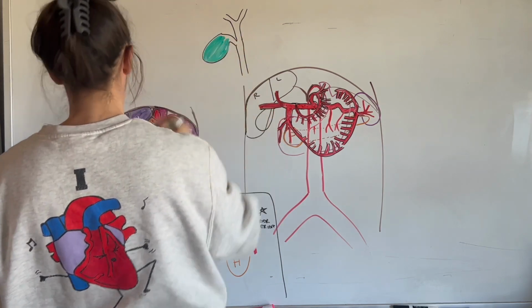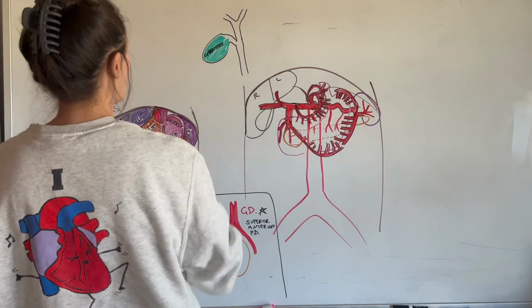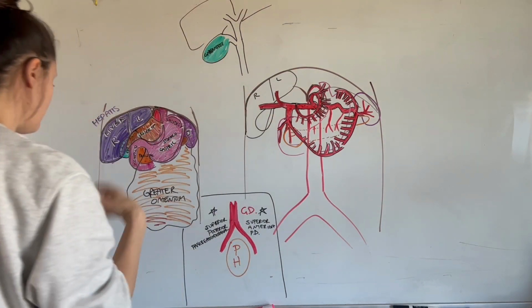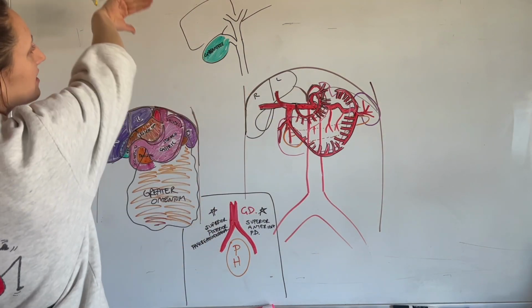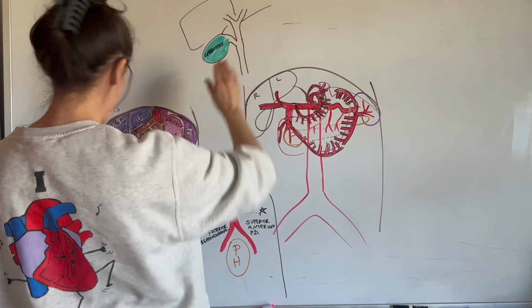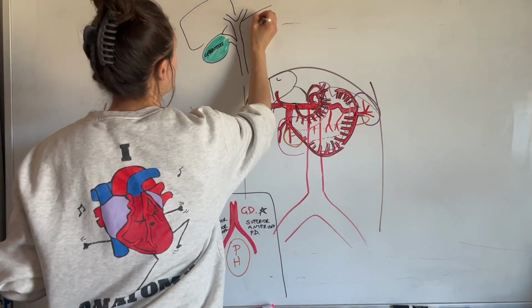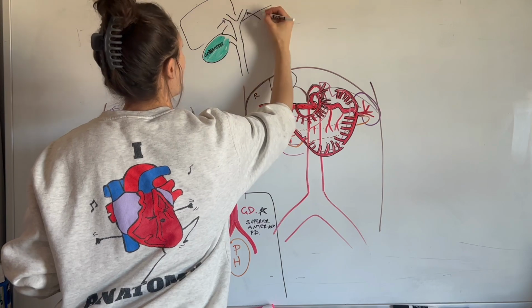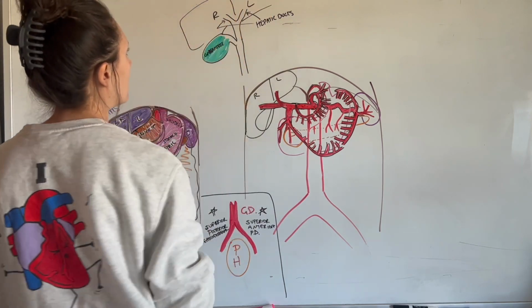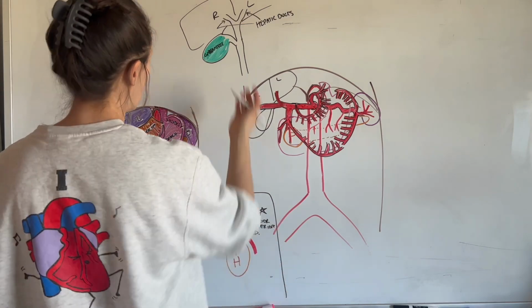So there's our gallbladder, the body of our gallbladder. Our liver's up here, and our liver creates bile and then secretes that bile into hepatic ducts. So these are hepatic ducts on both sides. Left and right hepatic ducts that are for bile.